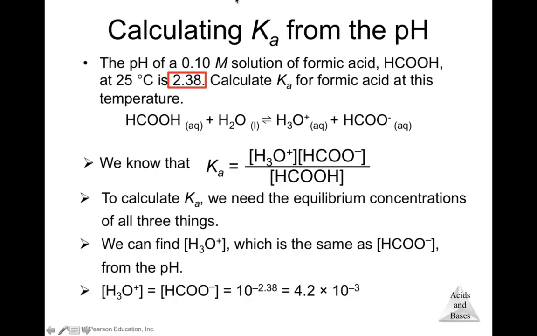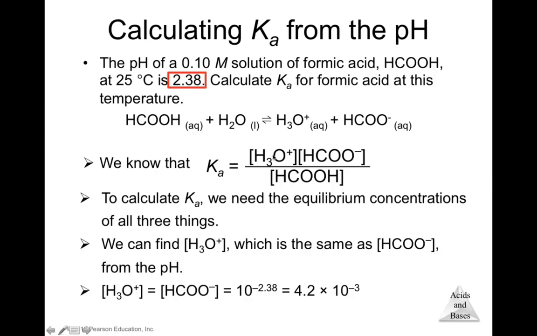By using this value of 2.38, we can take the antilog of 2.38, and this will give us the concentration of H3O positive. But remember, the amount that we produce of this one is the same amount that we produce of this other product, because the coefficient is 1 to 1. So if we produce 10 moles of this, we're going to produce also 10 moles of this. That's why these concentrations are equal.